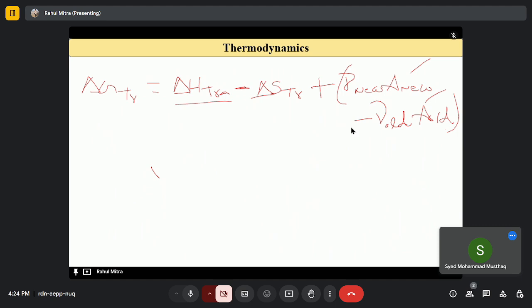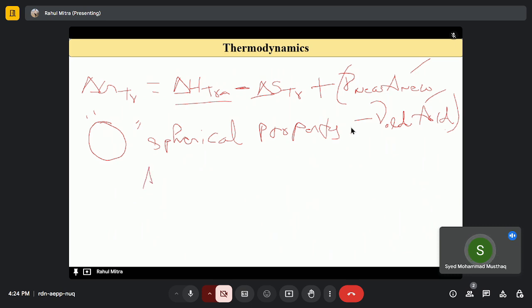We know the area and volume relation. Let's assume that we are dealing with a spherical particle. We can derive for other geometries, but for simplicity, let's take a sphere.